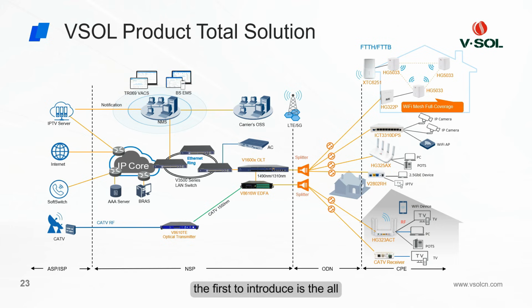The first to introduce is the all-optical network business solution. In this environment, service providers offer IPTV, Internet, VoIP, and CATV services. We choose V1600GX OLT as the business input, and the three types of services are distinguished using different VLANs.